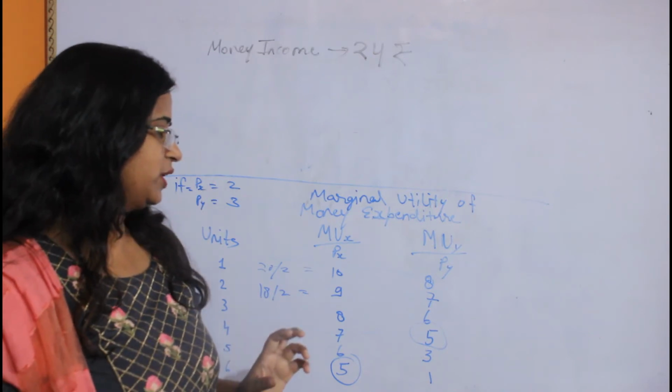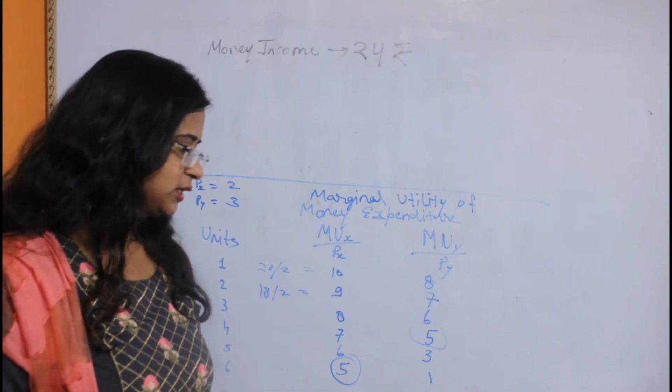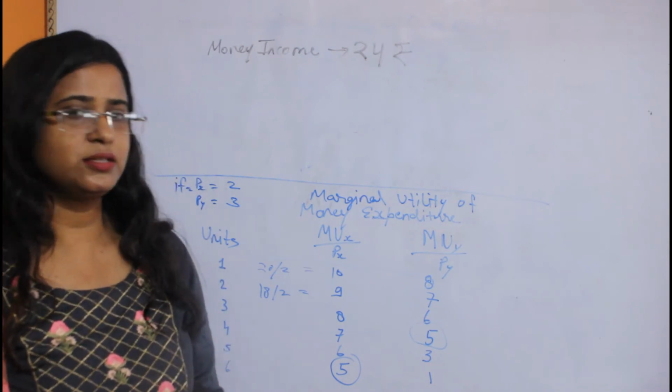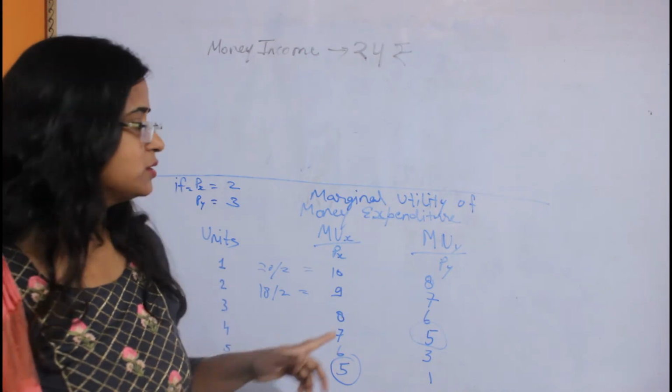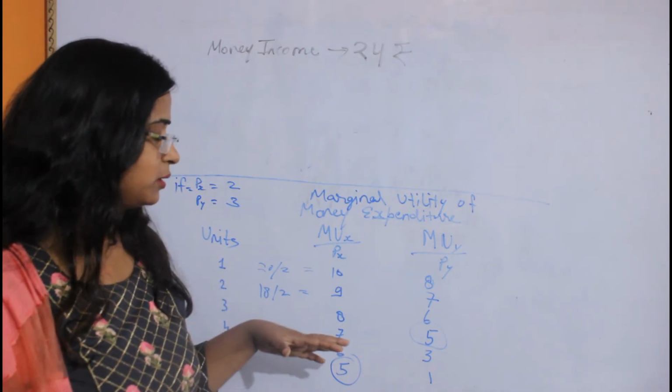Given this situation, he will be at the equilibrium where he is buying 6 units of X and 4 units of Y. Why?